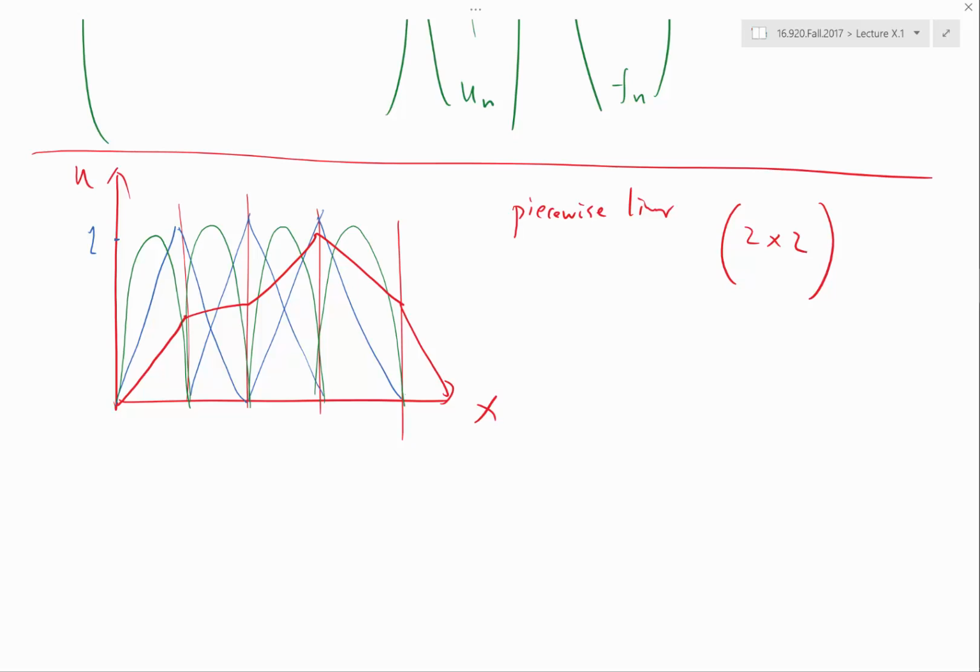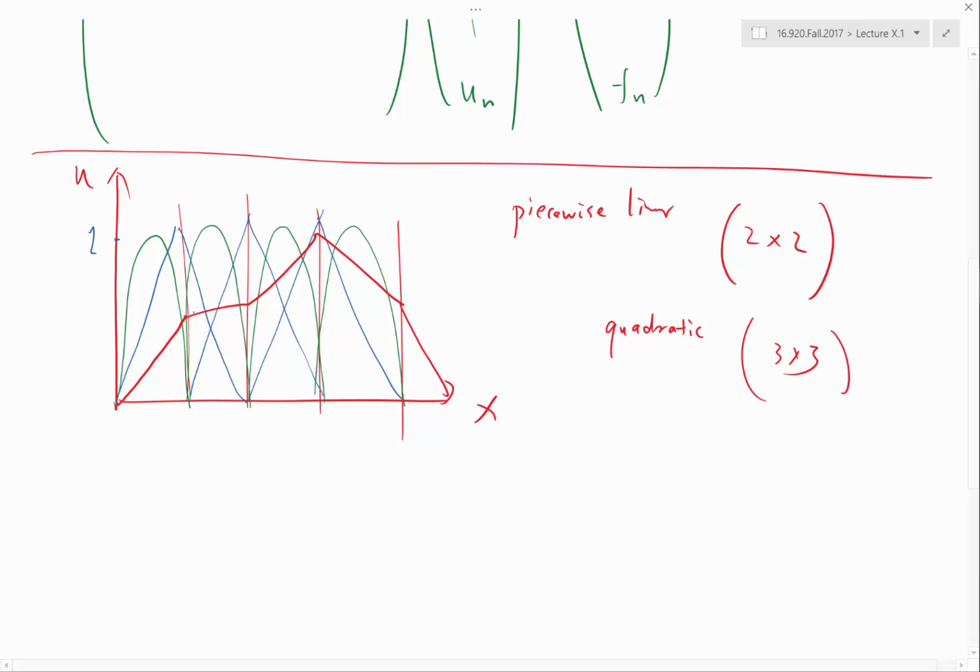That's because in each element there are only 2 basis functions that are non-zero. Okay, if you have piecewise quadratic, what is the size of your element matrix? It's going to be 3 by 3, right? Because you have this additional green basis function.